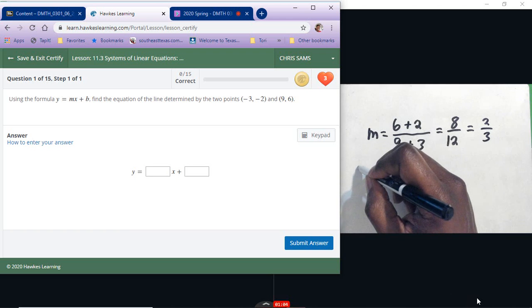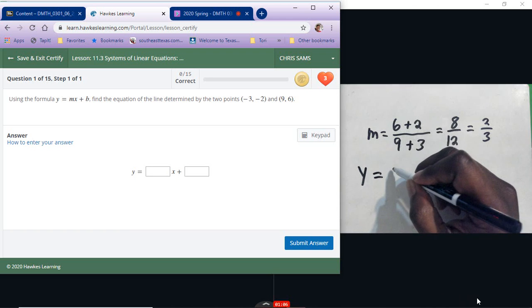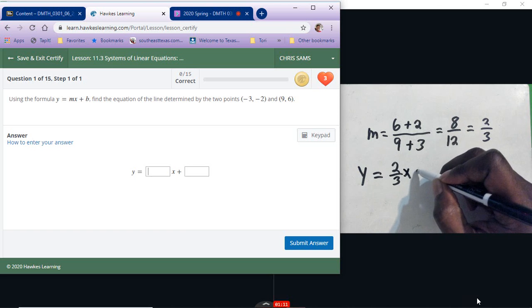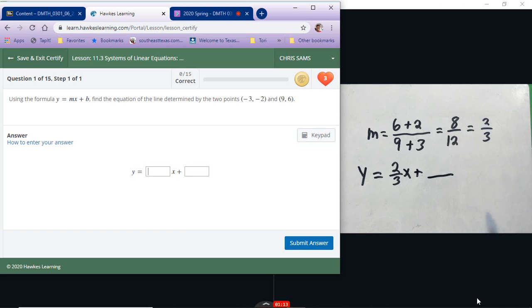So part of my equation, y equals 2 over 3x plus some intercept, and we need to find that part.